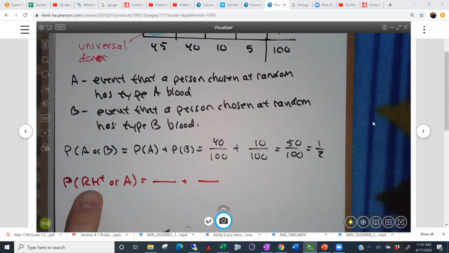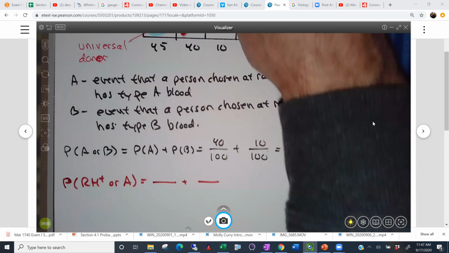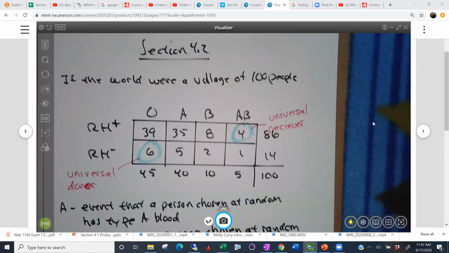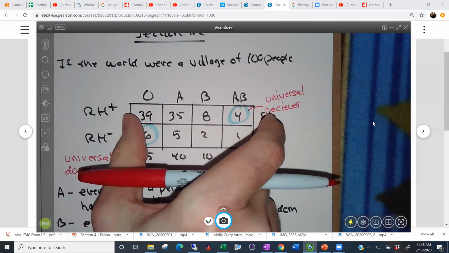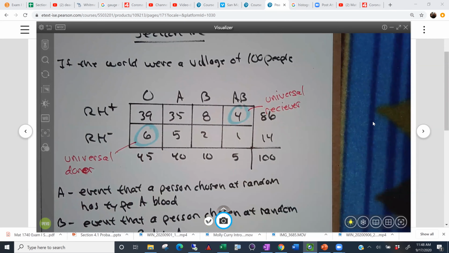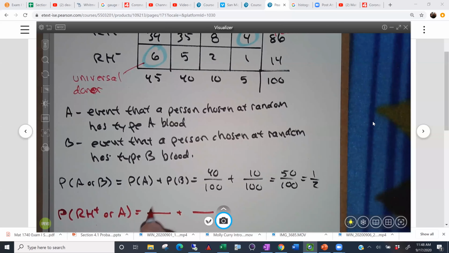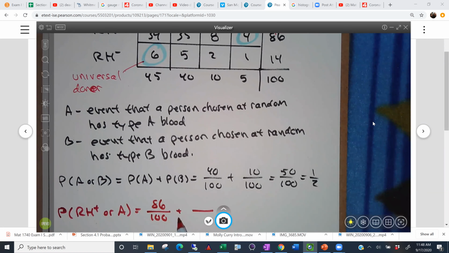What's the probability that somebody has Rh positive blood? 39 over 100? 86. Okay, I got 39 or 86. Which one of these should I use for Rh positive? 86, yeah. All right, so 86 over 100. There's 86 people that have Rh positive blood out of the 100 that I have there.